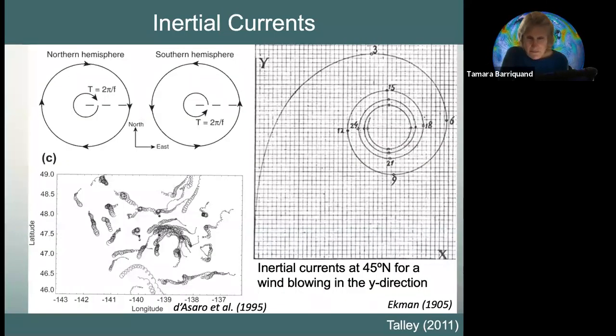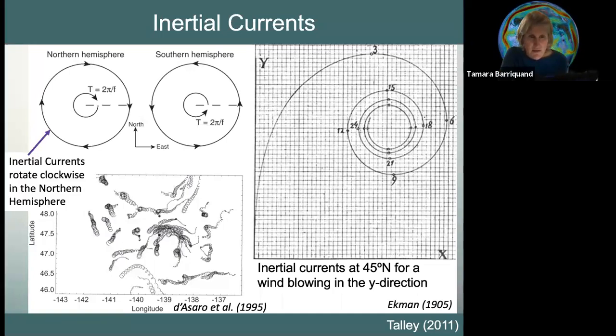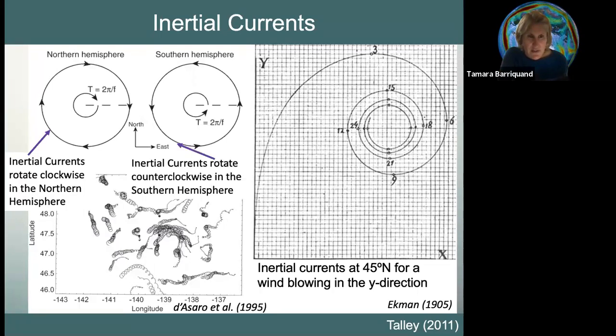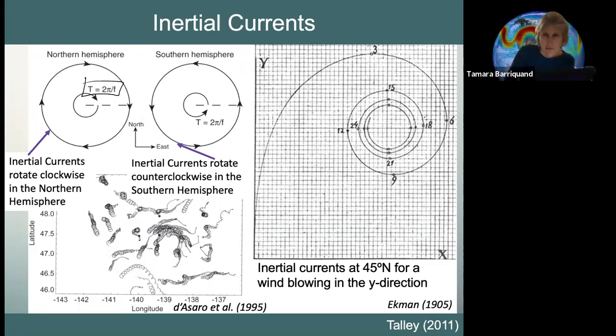Okay, and then we saw that our inertial currents rotate clockwise in the northern hemisphere and counterclockwise in the southern hemisphere, and the period is equal to 2 pi over f.